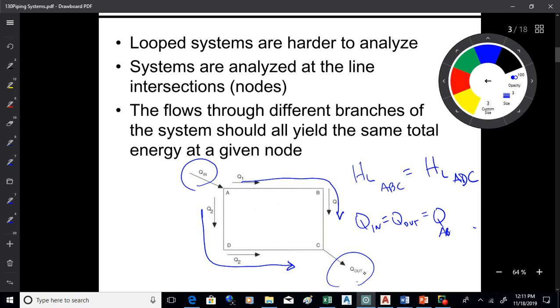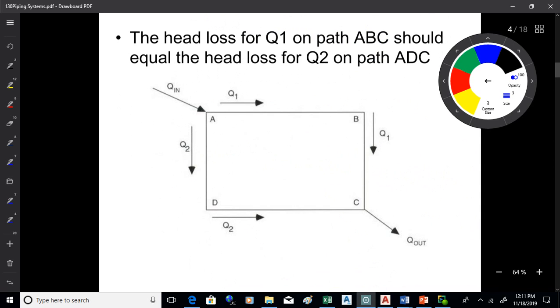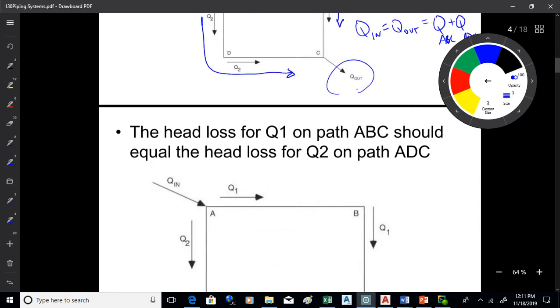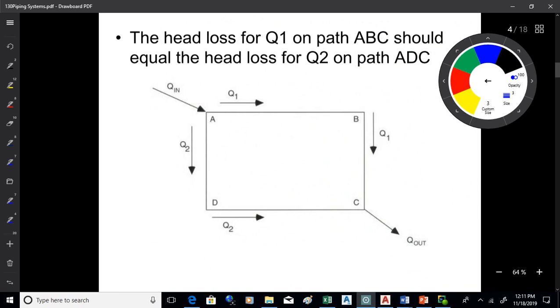The flow in is equal to the flow out, and that is equal to the sum of the two flows in the two possible directions. And the ABC and ADC will balance out so that the head losses equal each other. And that's basically it. So that's the idea.